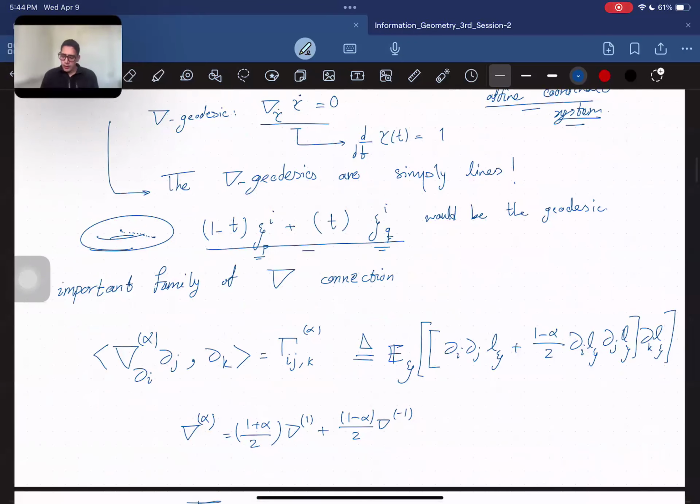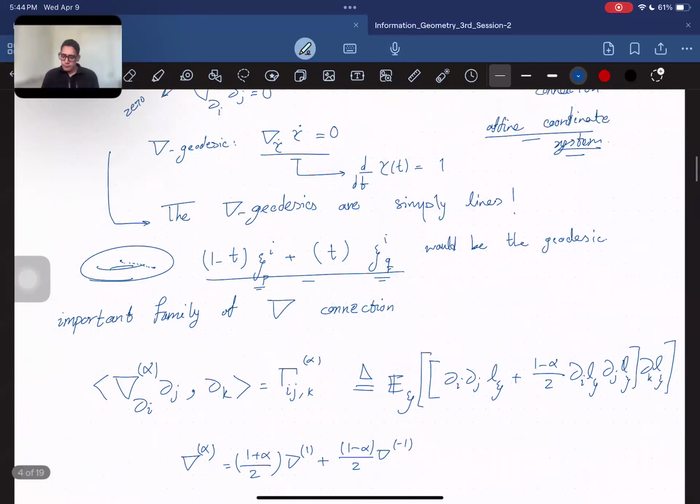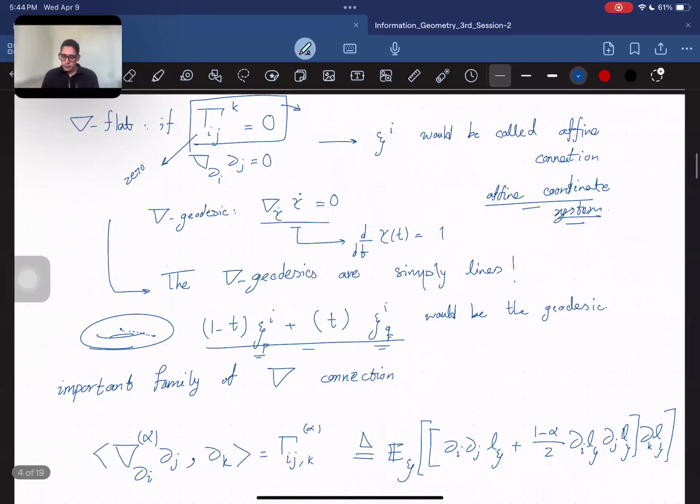Now, we are interested in the flat affine connections. Later in this session, we are going to see if there exists one affine connection which is flat, and what the corresponding affine coordinate system is for that.